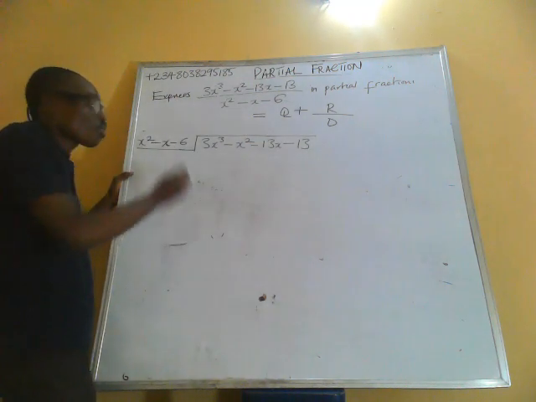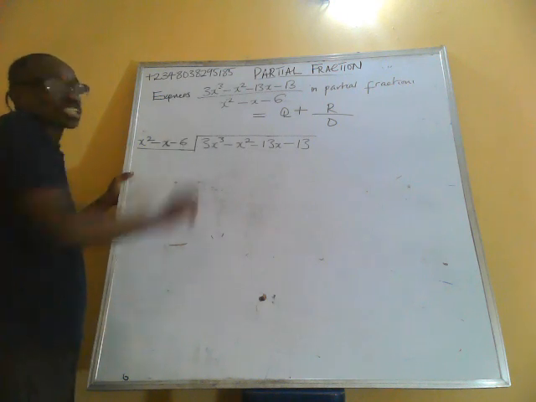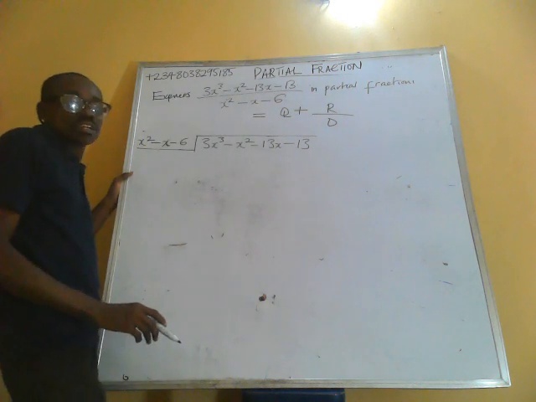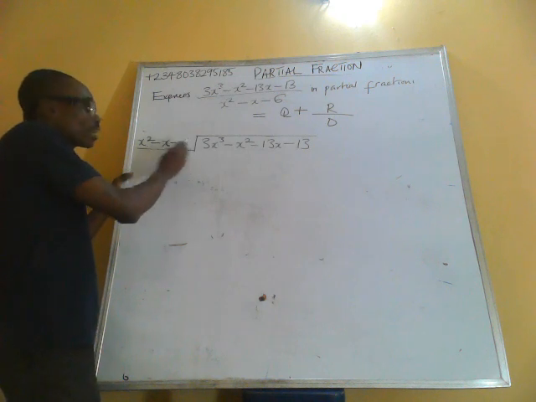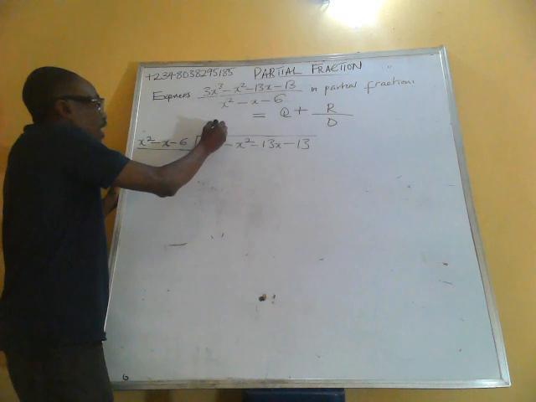Okay, so over here you have x squared into 3x cubed. x squared into 3x raised to the power 3 is going to give you 3x.